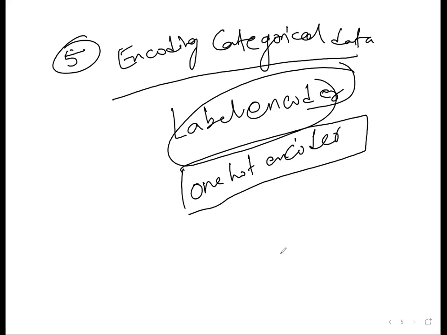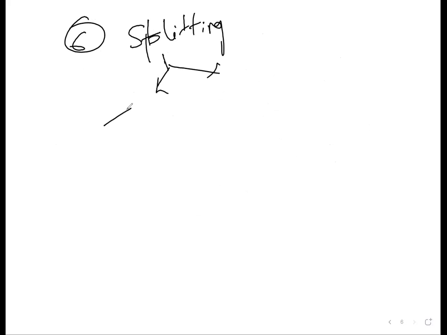Now the sixth data pre-processing step is splitting the data set into train set and test set. In machine learning data pre-processing, we divide our data set into a training set and test set.